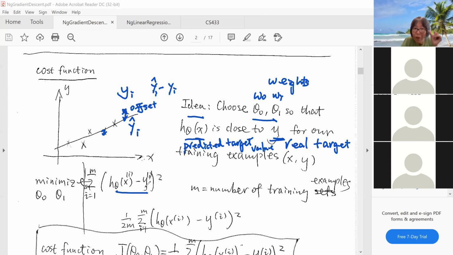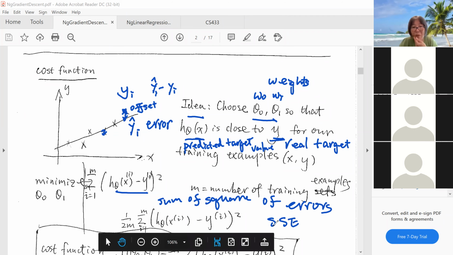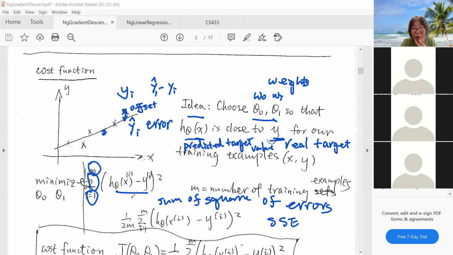And because it's over all of the samples, generally speaking, the offset also represents the error, is it? And here we want to use the sum of the square of errors, so SSE. So over all samples, that's why we sum them up.